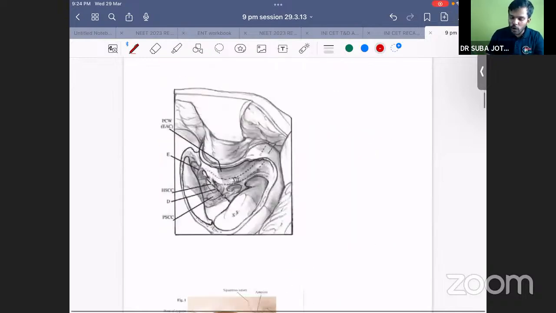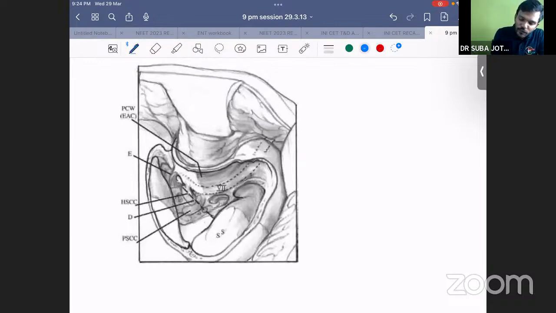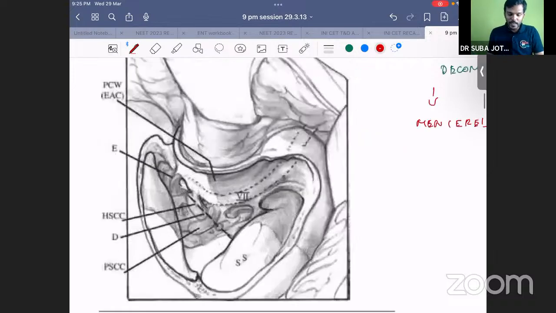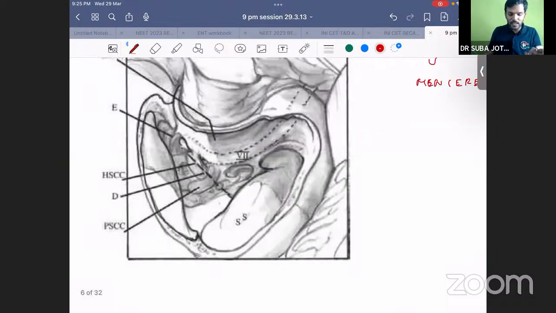Okay, so some important one-liners: when you are doing endolymphatic sac decompression surgery in Meniere's disease, the line that is drawn at the base of the horizontal semicircular canal that will bisect the posterior semicircular canal into two will act as a landmark for endolymphatic sac identification.